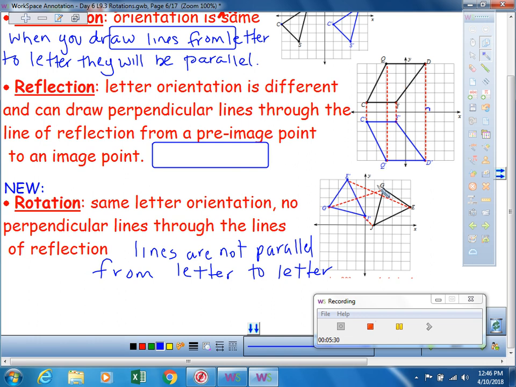And then if I'm still unsure, I would check: if I drew lines from letter to letter, are they parallel? If they're parallel, then it's a translation or reflection. But if the letters are in the same order, it's a translation.